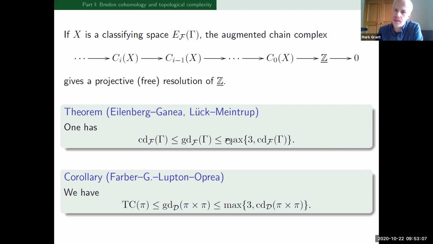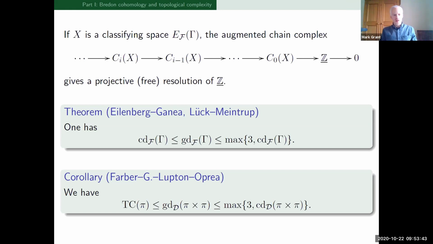So these two things don't in general coincide, because in fact for certain families, I think for the family of finite subgroups, there are examples where we have cohomological dimension 2 and geometric dimension 3. So there are counterexamples to the Eilenberg-Ganea conjecture for general families. We'll come back to that later on in the talk.